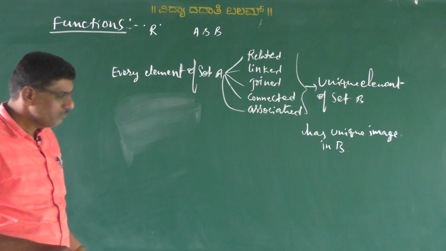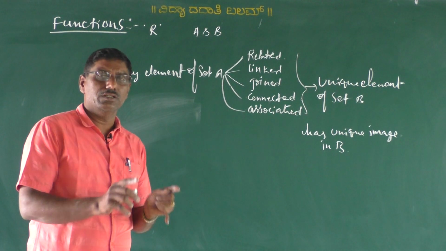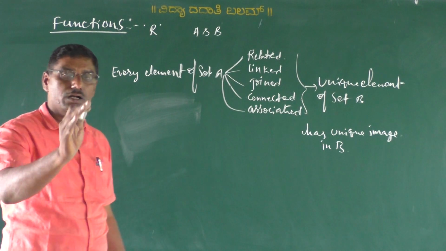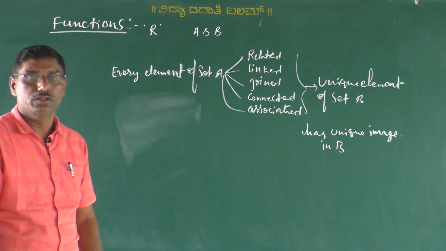Now, my dear students, we know in a relation there are ordered pairs present. In the same way, in a function the ordered pairs are present. How, sir?